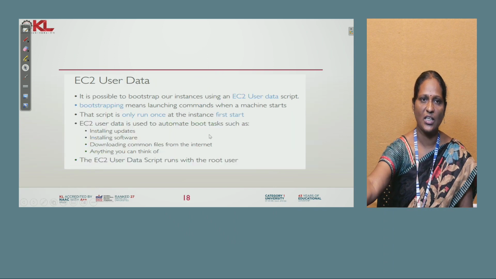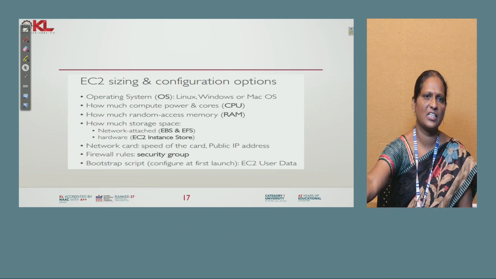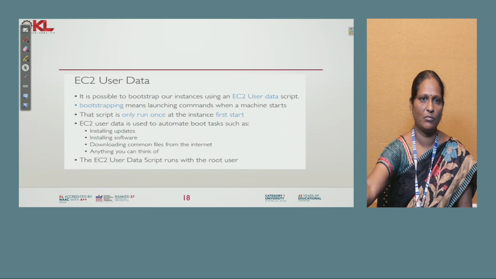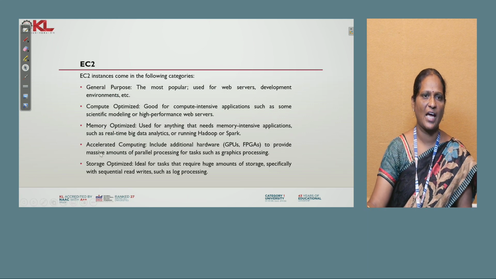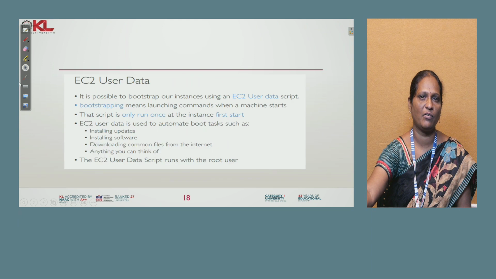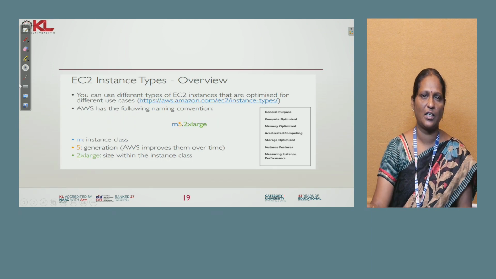Previously you saw there are different instance types like memory optimized, compute optimized, general purpose, accelerated and storage. So by using the type of storage or the type of computing power you need, you can define it like M5.